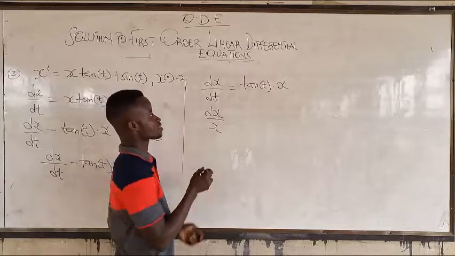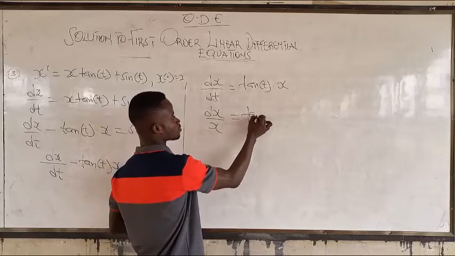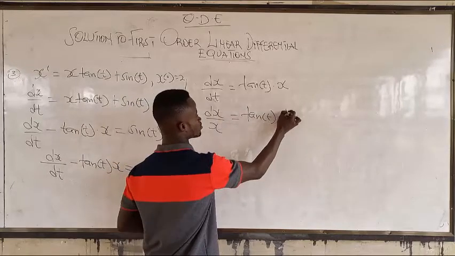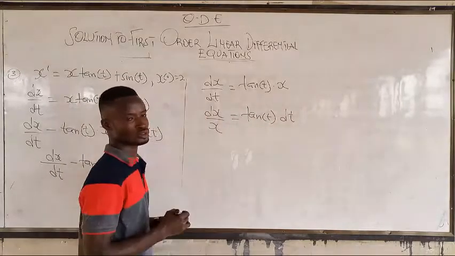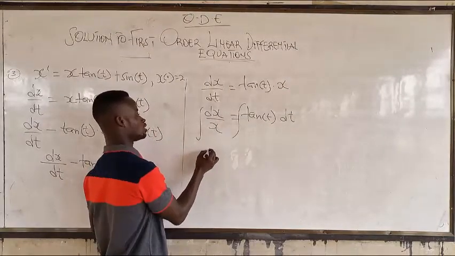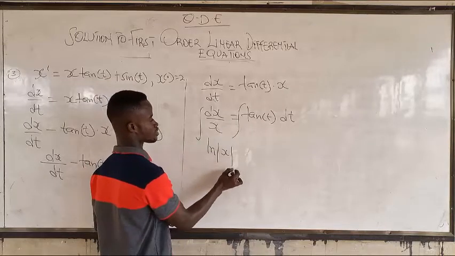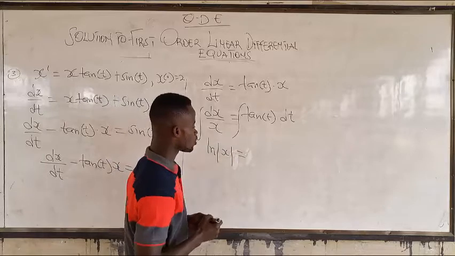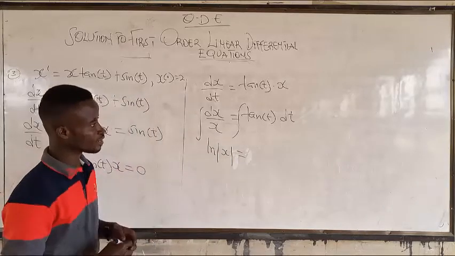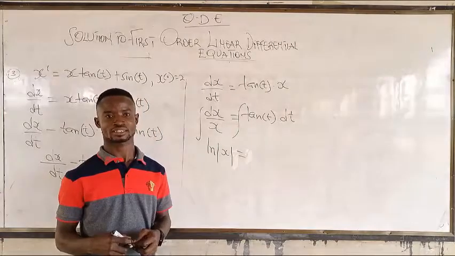Divide by s. When you are done, cross multiply this. Then we integrate both sides. This is ln s. When you integrate tan t, what are you going to get?